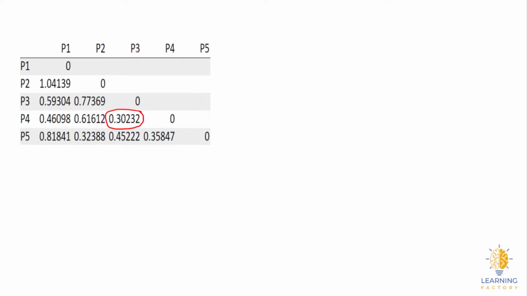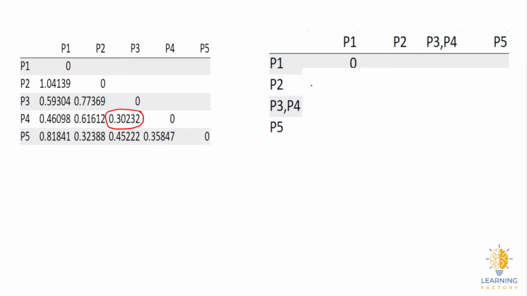Once again we need to update our proximity matrix to depict the newly formed cluster. P1 stays as it is, P2 stays as it is, P3 and P4 now belong to one cluster, and we have P5. So overall, in this step we have 4 clusters.